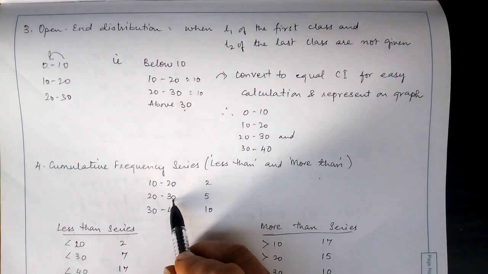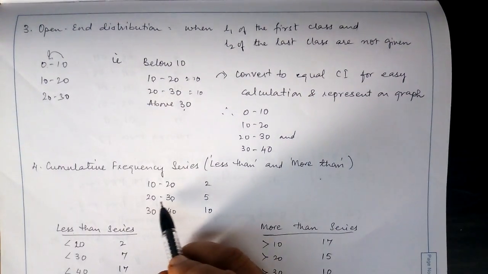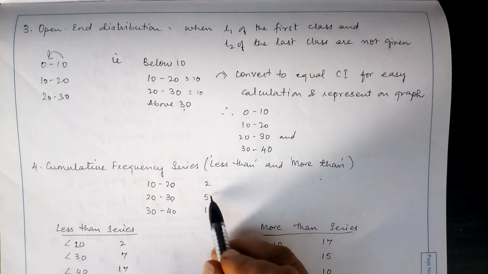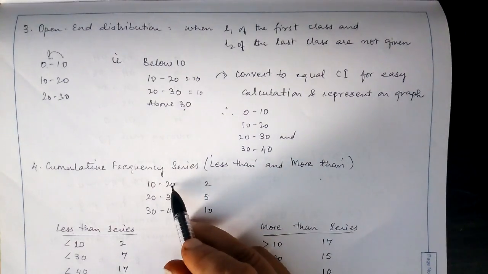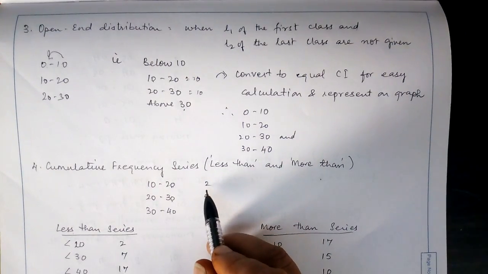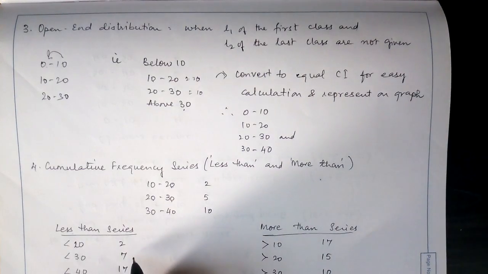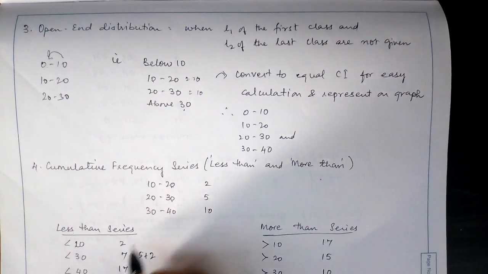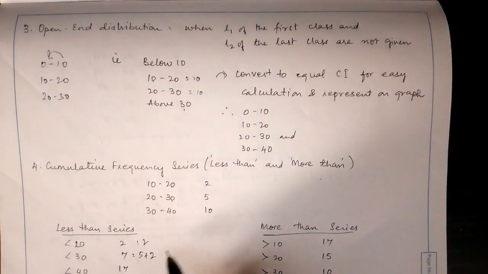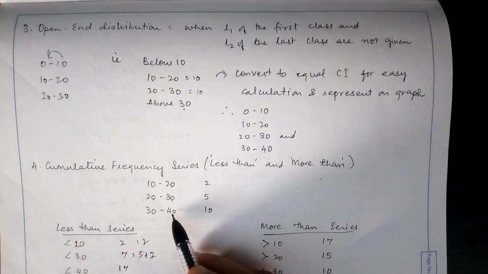Now the next in the series would be less than 30. Less than 30 are these 5 and those which lie between 10 to 20. That is 5 plus 2. Now the next in the series would be less than 40.